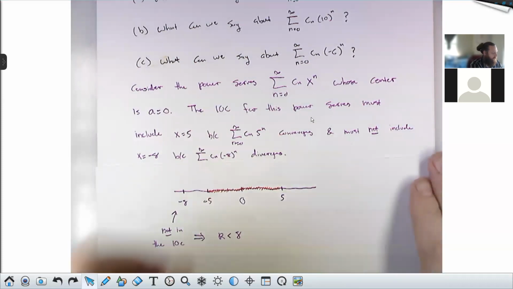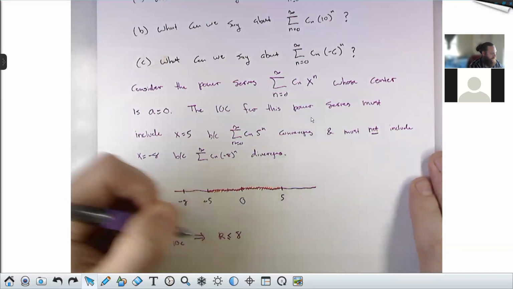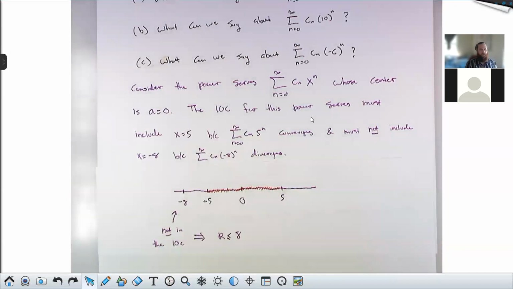Actually, I guess less than or equal to. -8 could be an endpoint that is excluded. But if the radius of convergence was 8 or larger, right, then this would have to extend out past 8, past -8, which would mean that -8 is in the IOC. But I was told that sigma Cn -8 to the n diverges, which means -8 cannot be in the IOC.